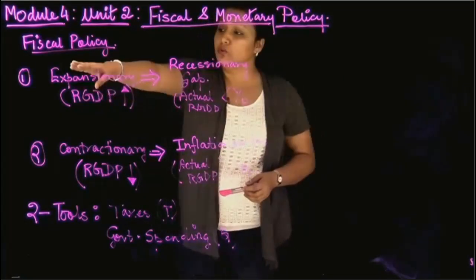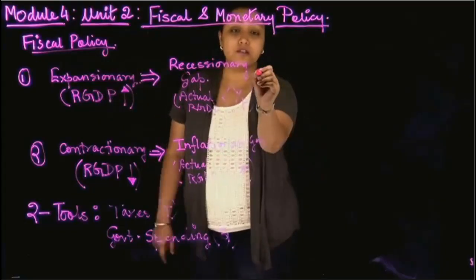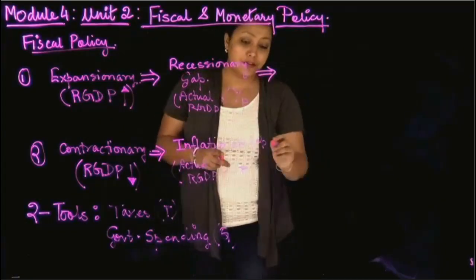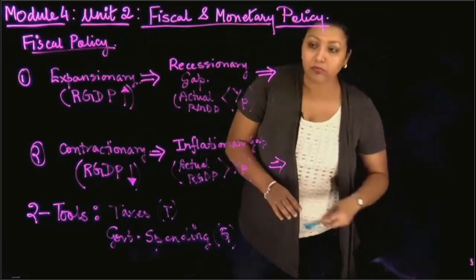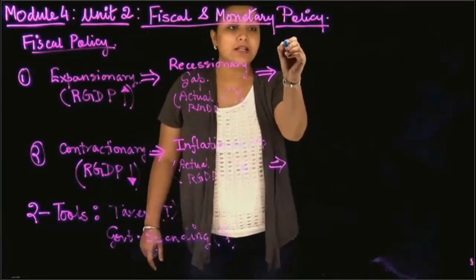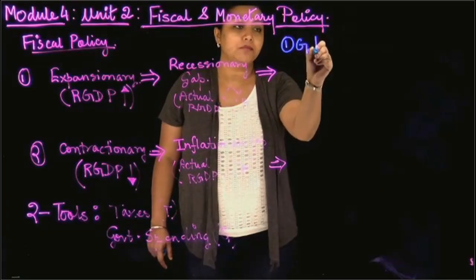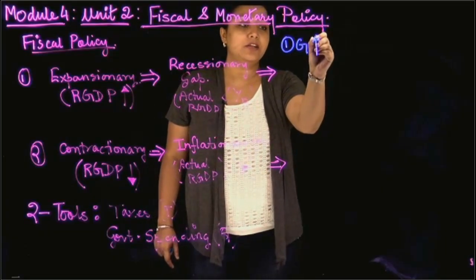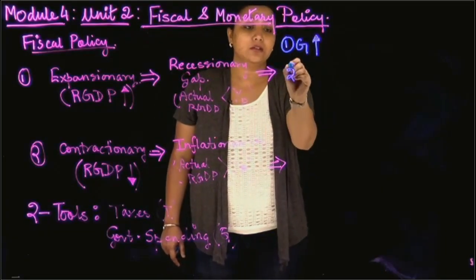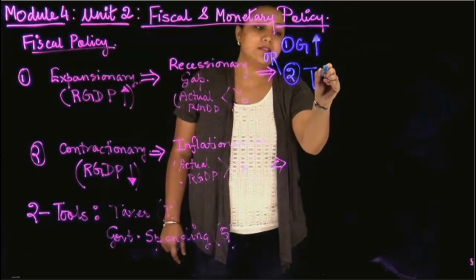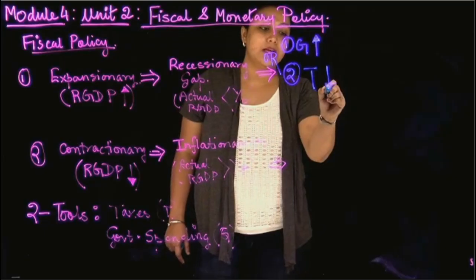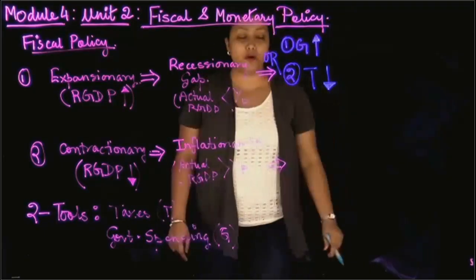Now when it comes to expansionary fiscal policy, it precisely refers to an increase in government spending. If government spending increases or the taxes decrease, then you have an expansionary fiscal policy.